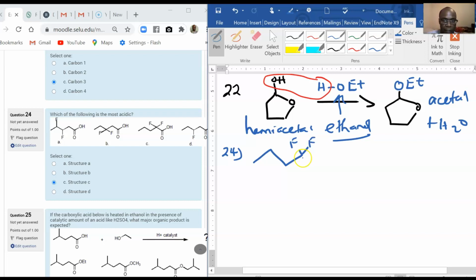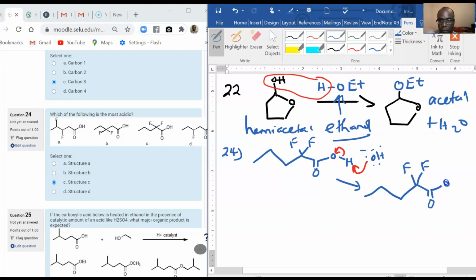So let's say that the acid reacts with the base. Let's say the base is OH minus. If the base takes out the acidic hydrogen, what do you end up with? Your product will be the fluorinated carbonyl O minus. You see, these fluorines are very close to the oxygen of the conjugate base, right?